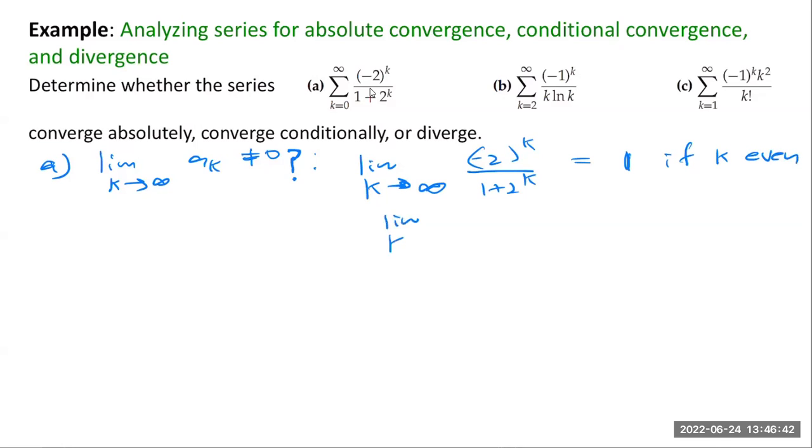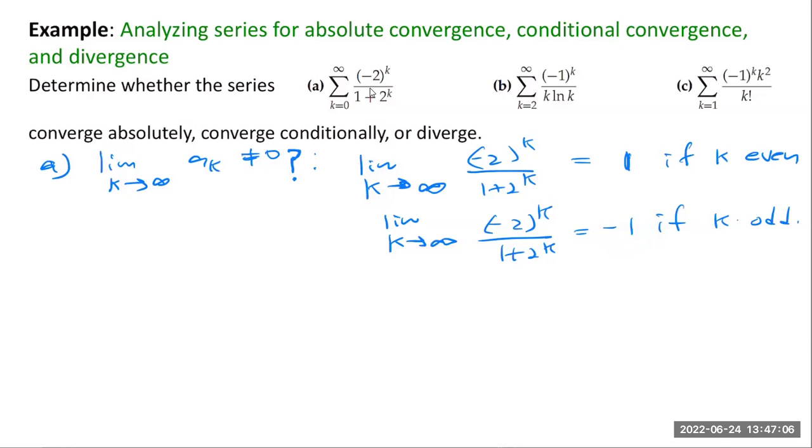And limit as k approaches infinity of minus 2 to the power k over 1 plus 2 to the power k is equal to minus 1 if k is odd. That means when k is approaching infinity as an even number, your limit is 1. When k is approaching infinity as an odd number, your limit is minus 1.